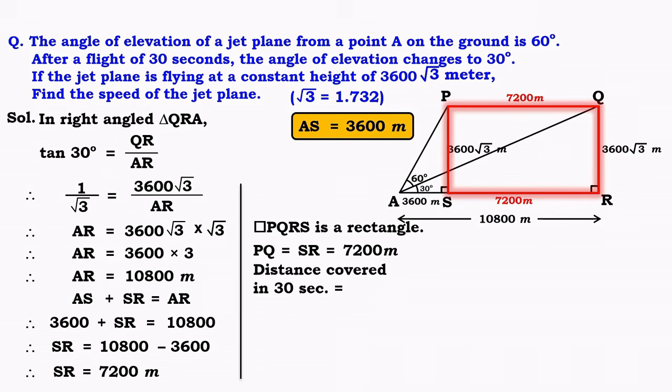Using the formula, speed is equal to distance divided by time. Therefore, speed is equal to PQ divided by 30 seconds, which is 7,200 divided by 30.